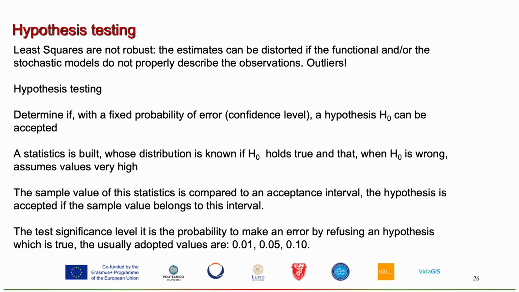It is rejected when the sample value exceeds the given acceptance interval. The test significance is the probability of making an error by refusing H0, and the significance is usually put to 0.01, 0.05 or even 0.10, which respectively mean 1%, 5% or 10%.